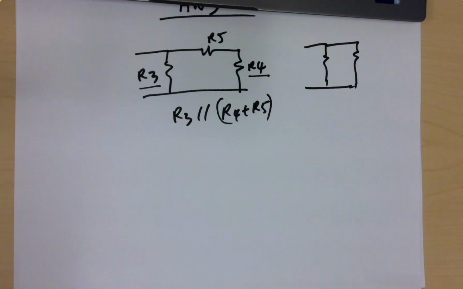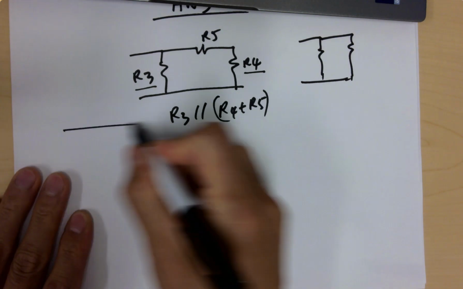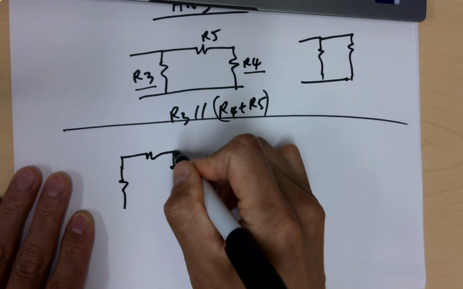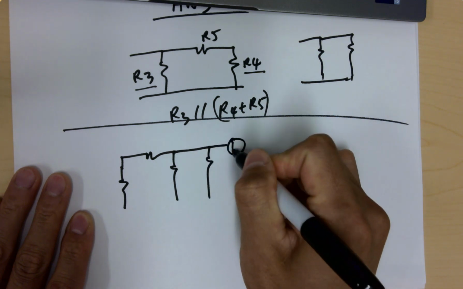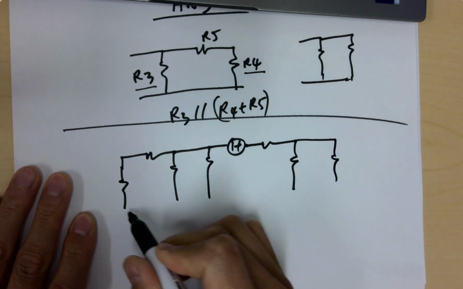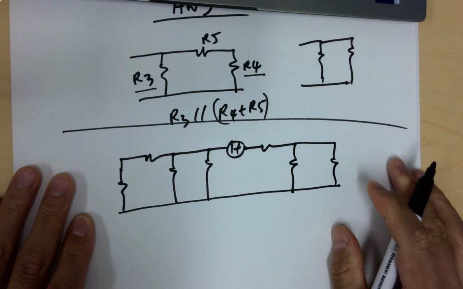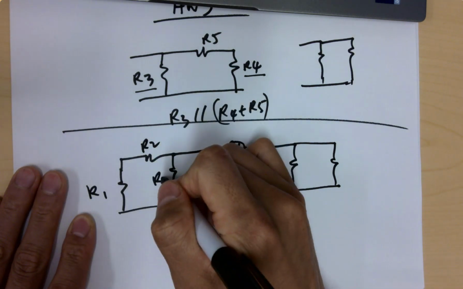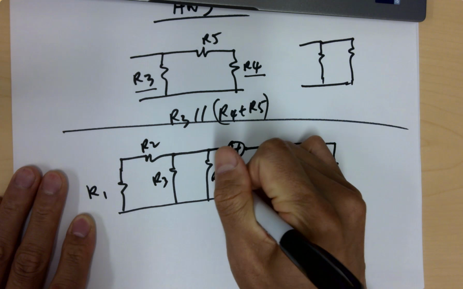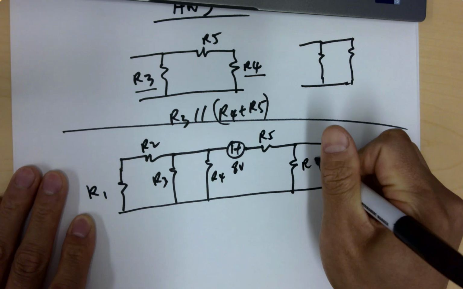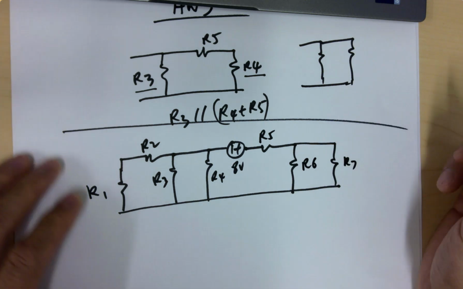Right. Another one I'll talk about is a problem that looks like this. This is R1, R2, R3, R4, this is 8 volts, R5, R6, R7, okay?